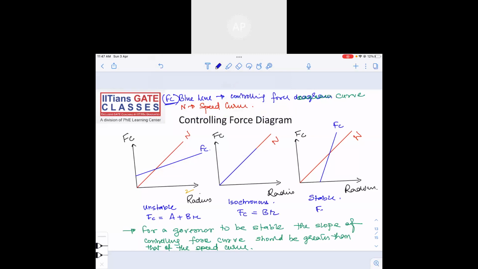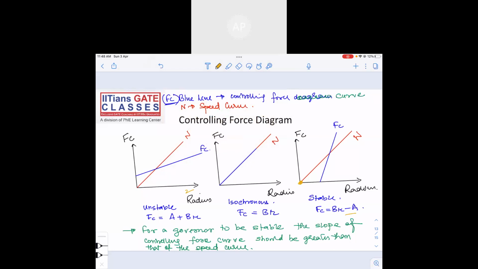FC is equal to A minus BR, or better to say BR minus A. You can verify it from this fact: when R is 0, FC will have a negative value.